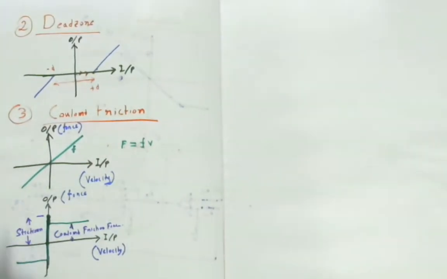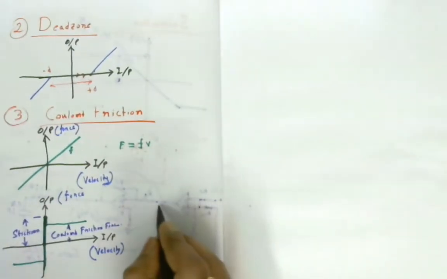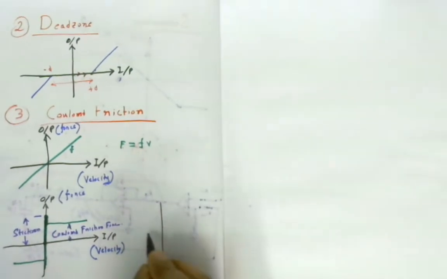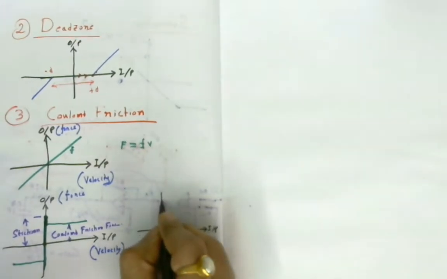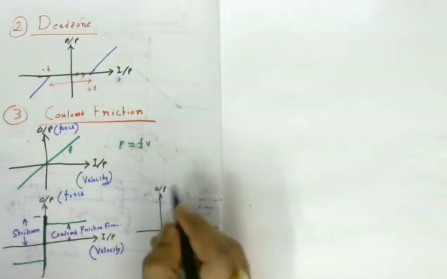But the diagram I have drawn is very straightforward. Practically, this is the ideal characteristics curve. But practically, what will happen? Let me draw the axes again, the input axis and the output axis.